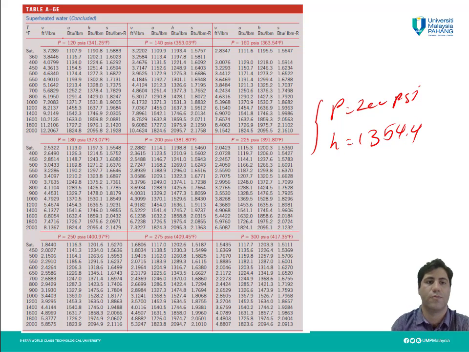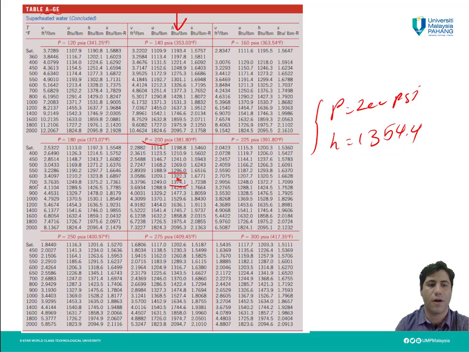So we need to come to this table for superheated water, table A6E, which is for English units. Actually, we have the same table for the SI unit, as you know. So the pressure is 200 psi, is part of the table, and enthalpy is this row. Okay, so this enthalpy, 1300, is in this region, bigger than this, less than this. So it should be between these two.